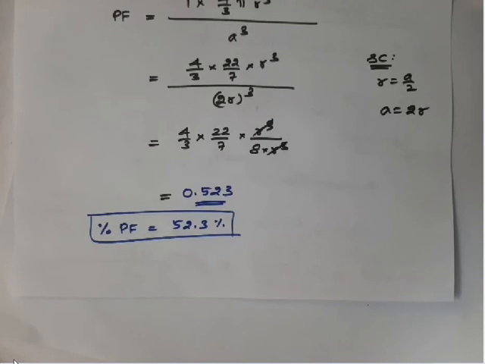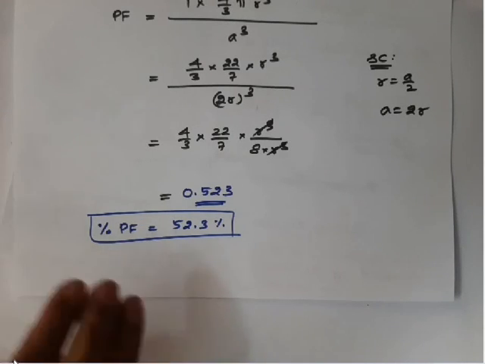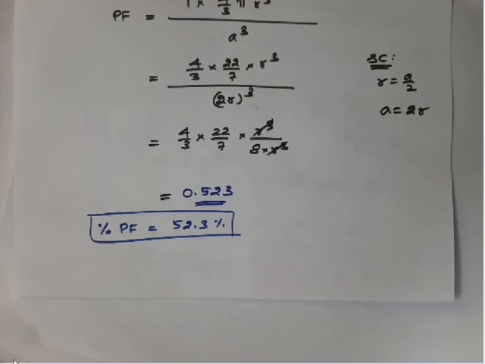What about the remaining? In one cubic unit cell, only 52.3 percentage is occupied. Remaining appears as empty space. So remember, in crystals we have empty space. This is very important. We call these empty spaces also as voids.